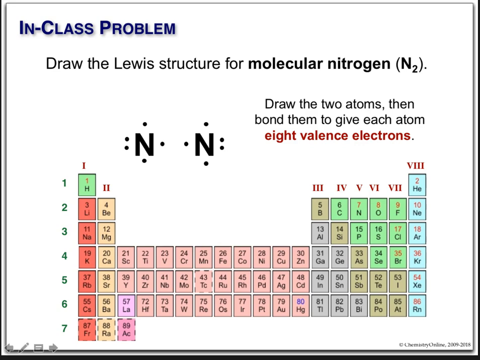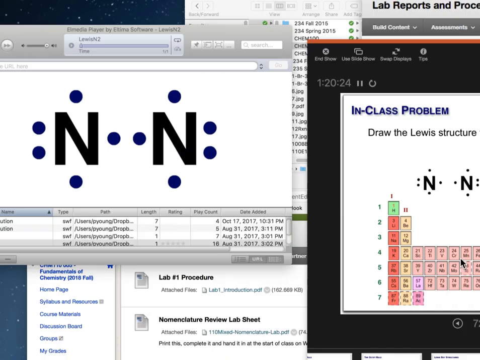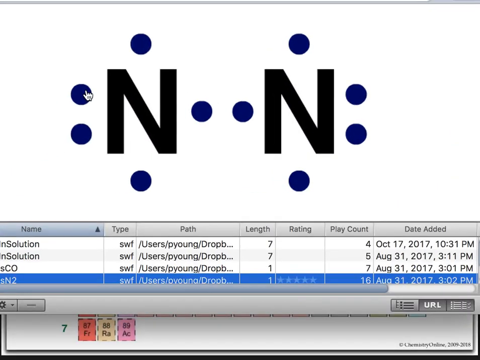Come on. All right, here's my 2 nitrogens, and they each have 5 dots.